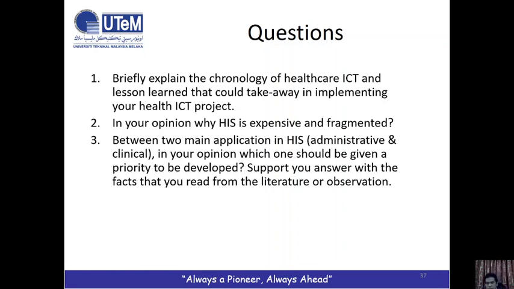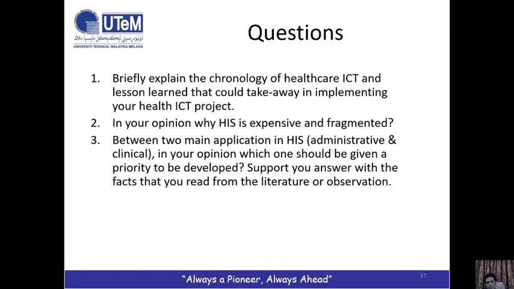So this is administrative. You need to develop the administrative application first, so that after the administrative is implemented accordingly, you can manage the medical professionals easily.